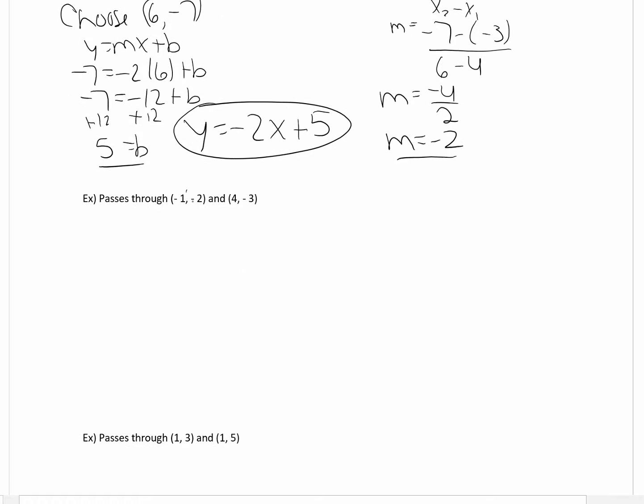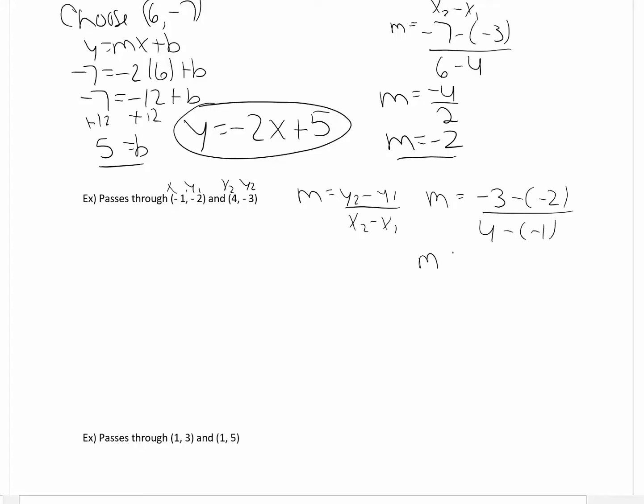So again, I have 2 points that the line is passing through, no slope. So I'm going to figure out what my slope is first. So again, I'll write out x1, y1, x2, y2. Okay, now, again, it does not matter which ordered pair you pick.